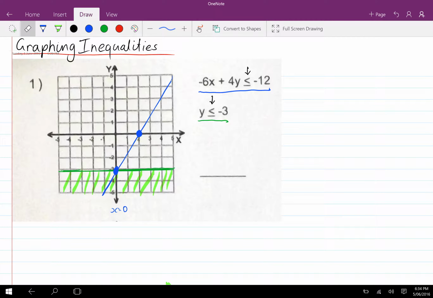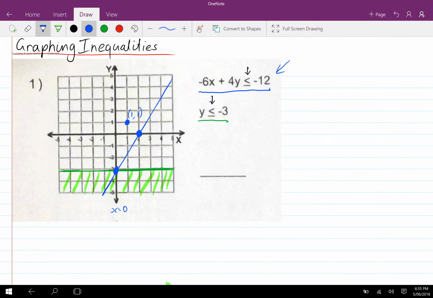Okay, so what I'm going to do is just pick a random point that is easy to graph. So I'm going to pick 1, 1. Okay, and I've drawn a dot at 1, 1 and I've labelled 1, 1. And it's got a value of x equals 1 and y equals 1, being the point 1, 1. And what I'm going to do is substitute that point into this equation.